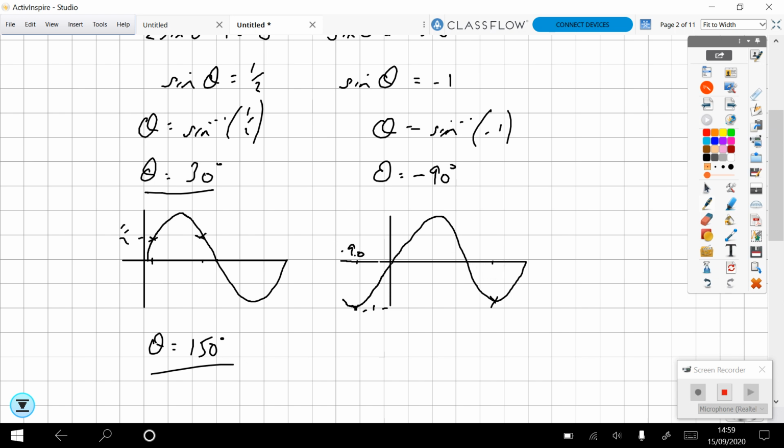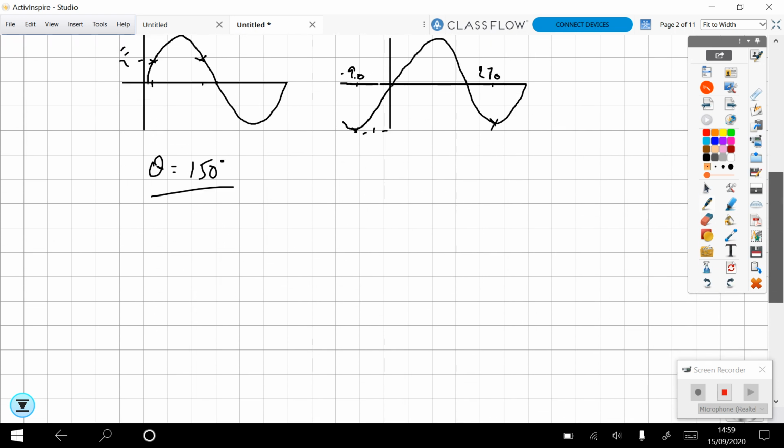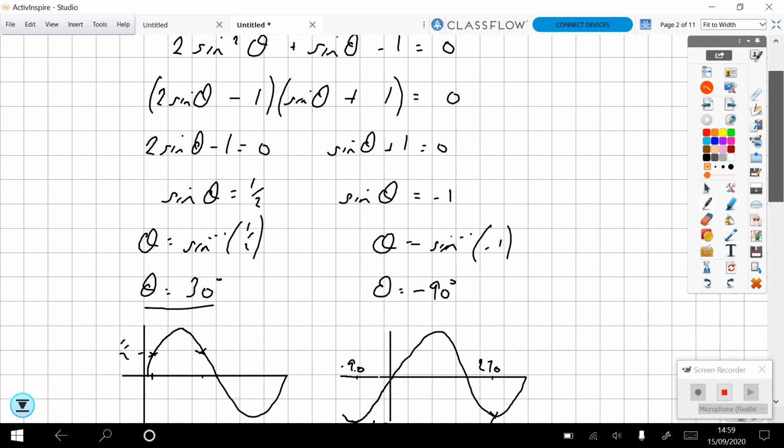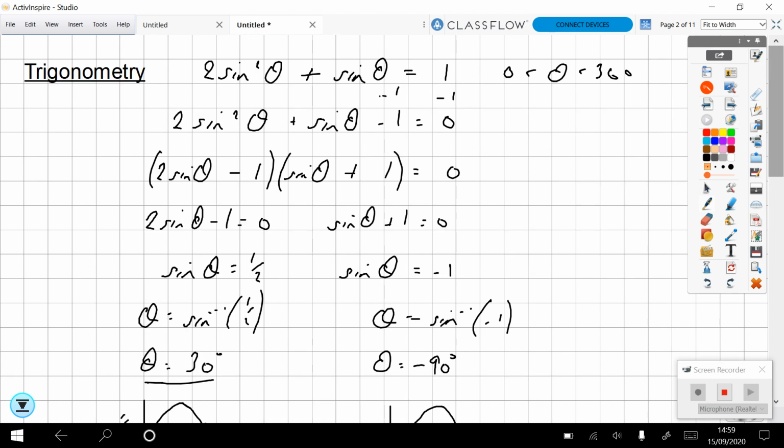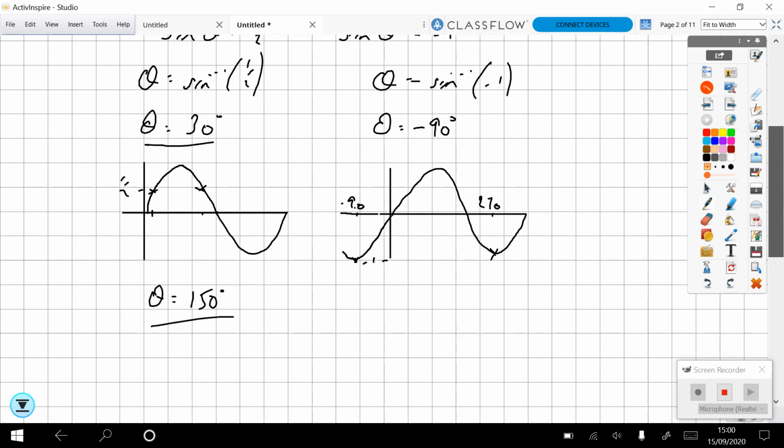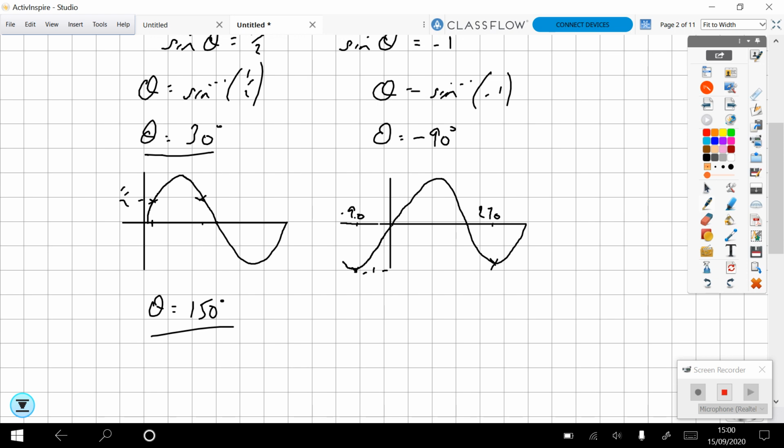This is out at 270 degrees. If you look back at how I set up the restrictions, I said that we were between 0 and 360. So I don't want the negative 90 solution, I want the 270 solution.